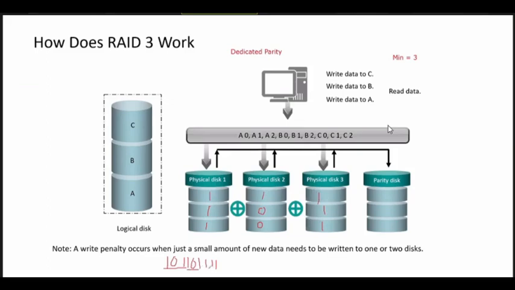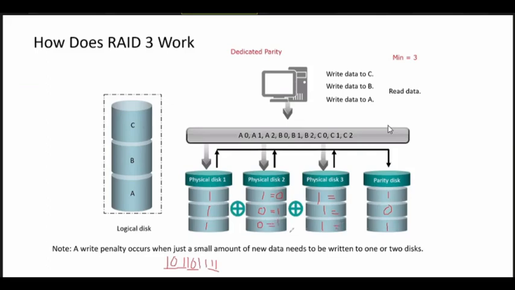You write the data across the disks, 3 digits each. After you write the data, they build a parity using the XOR mechanism. So 1 XOR 1 equals 0, XOR 1 equals 1. Then 1 XOR 0 equals 1, XOR 1 equals 0. And 1 XOR 0 XOR 1, same thing, equals 1.